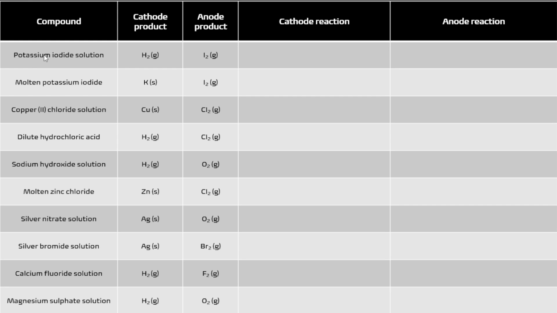So let's say we're doing potassium iodide solution, so we should know that we have K plus and I minus, and since it is a solution, we have H plus and OH minus. Between potassium and hydrogen, potassium is more reactive, so H plus will be produced at the cathode.